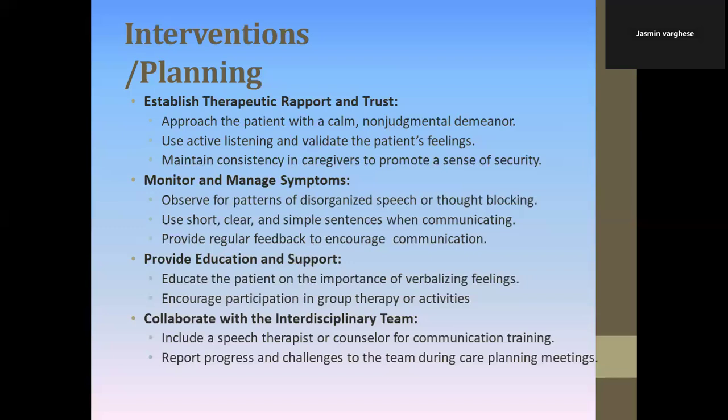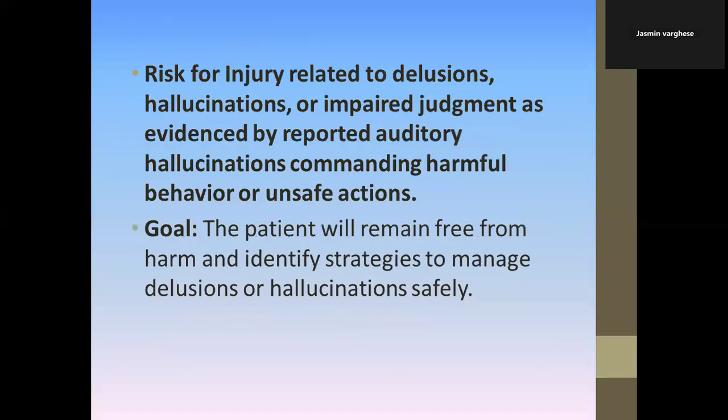Then next planning is collaborate with the interdisciplinary team. Include a speech therapist or counselor for communication, depending upon the situation. Then report progress and challenges to the team during the care planning meeting. So these are all the planning or interventions you can do for impaired communication to maintain the communication.